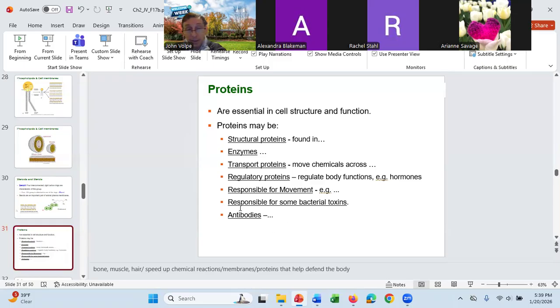Proteins can also be antibodies. These are proteins that help the body defend itself against a foreign invasion, meaning antibodies can bind to and attack a molecule that's foreign to the body, including a molecule on a tissue that is foreign to the body. Anyways, it's telling you that proteins play a large number of essential, critical structures and functions in cells, and that they are the most diverse of all the biological molecules.